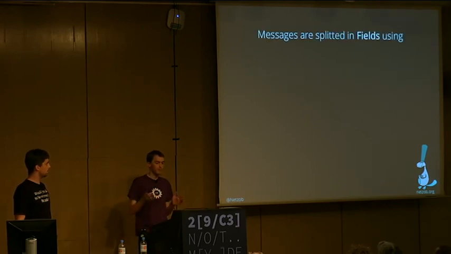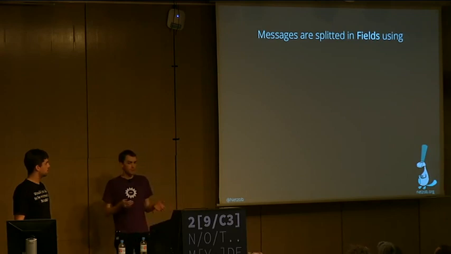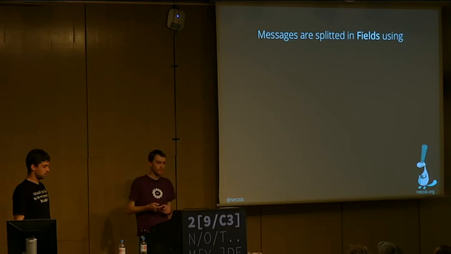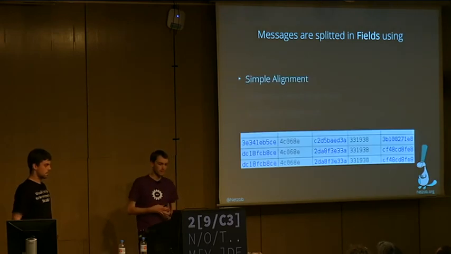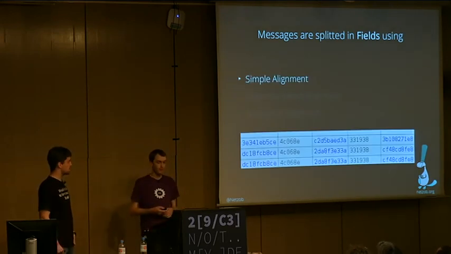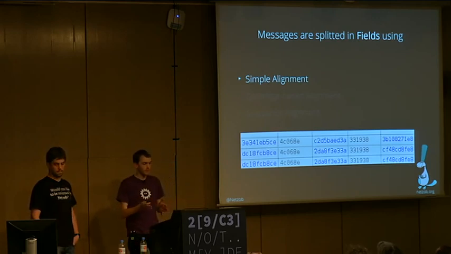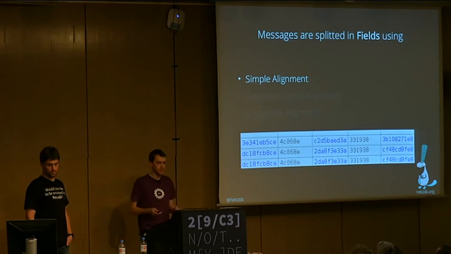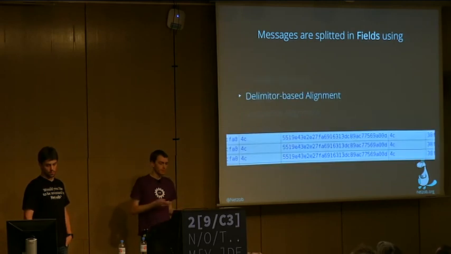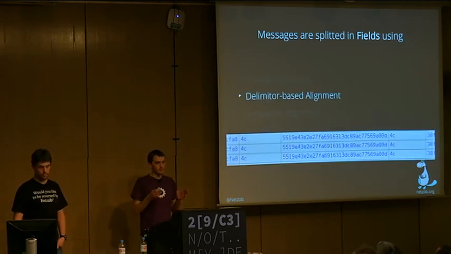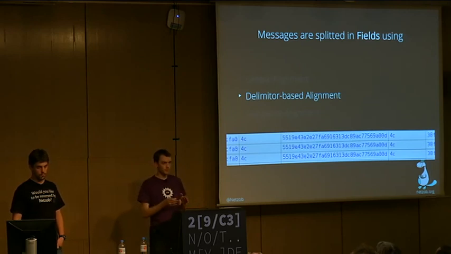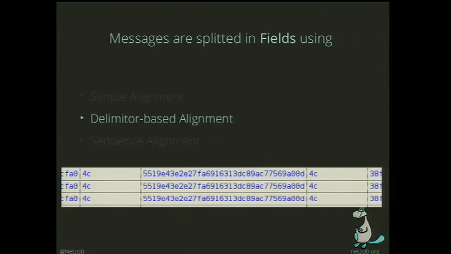How do we do partitioning of messages together? We support many ways inside NetZob. The first way is quite simple. It's a simple alignment. It only tries to separate static and dynamic variation on columns. The second way is also quite simple. You have delimiter-based alignment, so you use a delimiter and you try to split messages according to this delimiter.